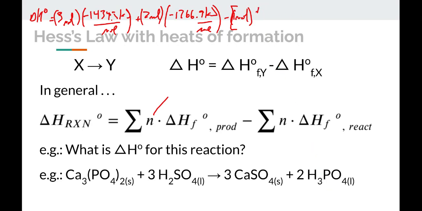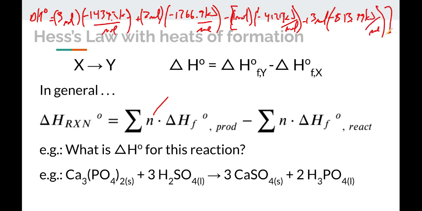Heat of formation for that substance is negative 4121 kilojoules per mole. And then we have 3 moles of sulfuric acid, H2SO4. Heat of formation for that is negative 813.99 kilojoules per mole. When we do the math here, we get 8333 kilojoules. So that's the heat of reaction for that overall reaction.